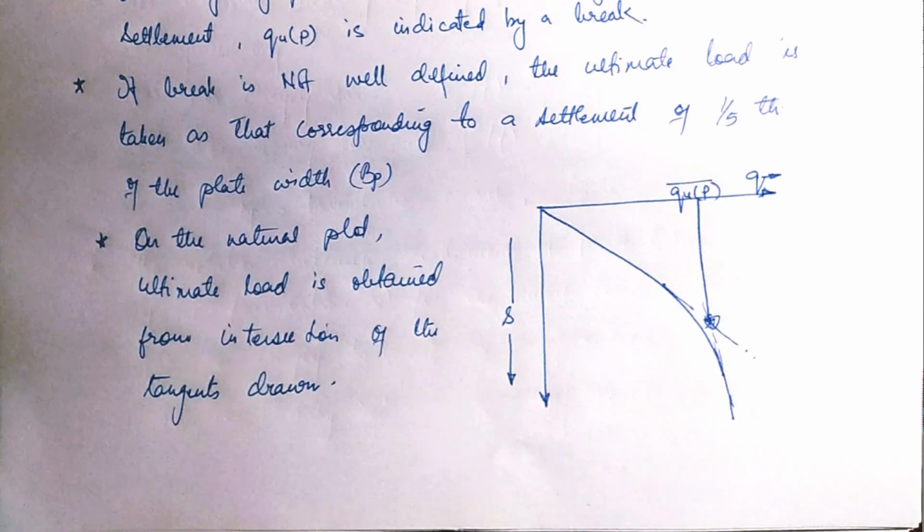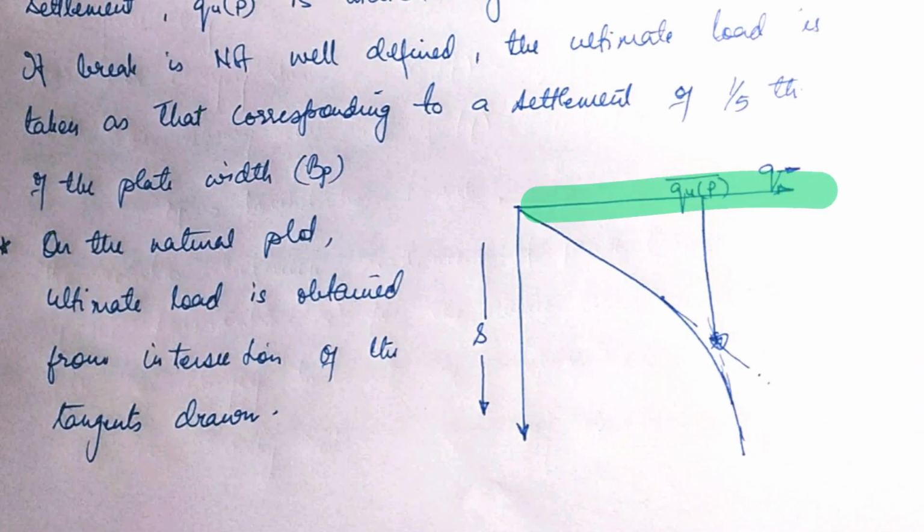Let's see what it says. This is your load settlement curve. I have plotted the points, the different settlements at the different loads that are actually applied, and we get a curve like this. And from where do we get our q_u?